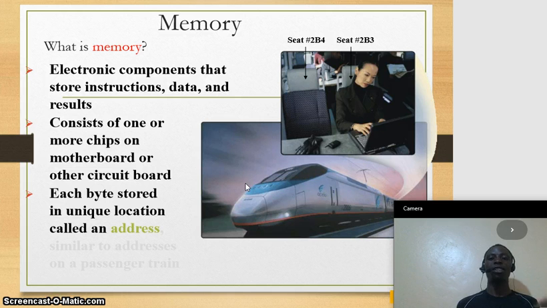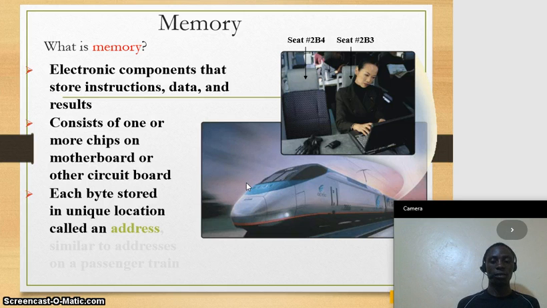We said it stores information temporarily. It consists of one or more chips on the motherboard or other circuit boards. Each byte is stored in a unique location called the address. So each byte of data is stored at a given location.